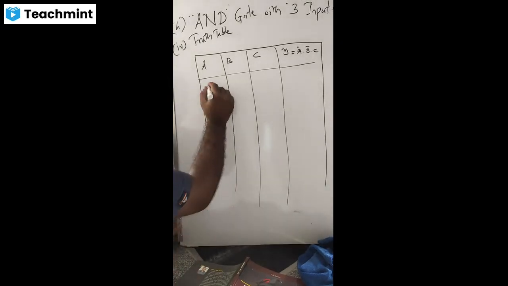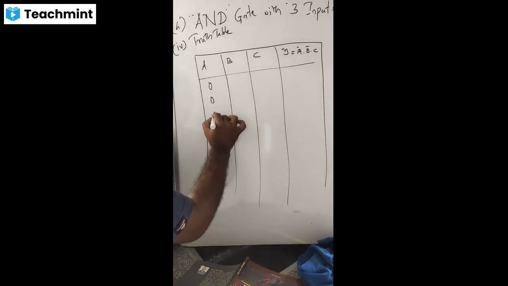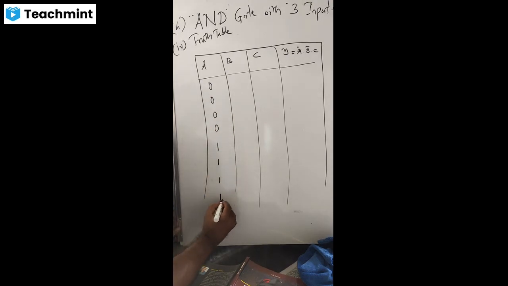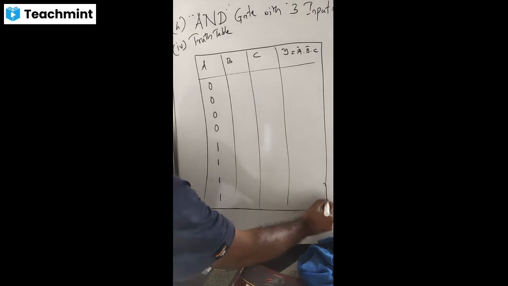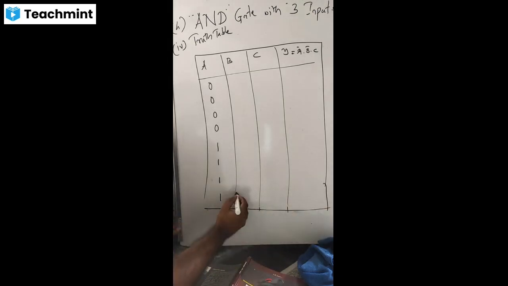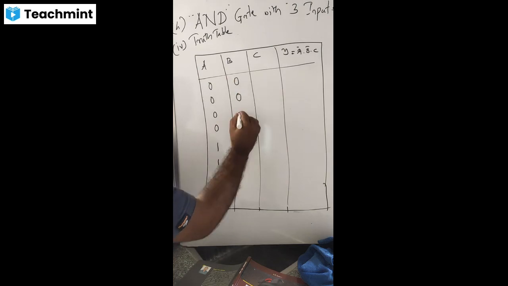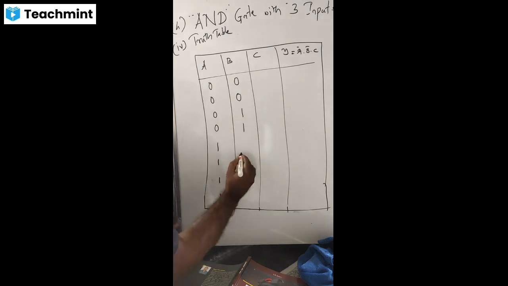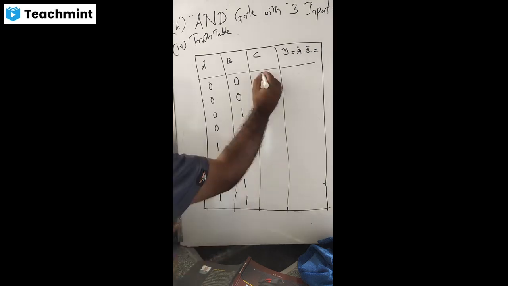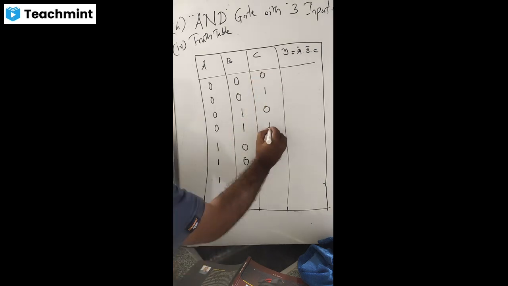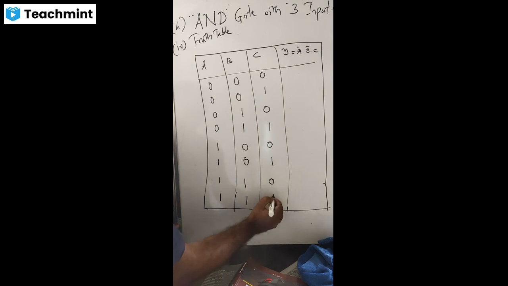So first 4 zeros, then 1, 1, 1, 1. Similarly, first two zeros, then 2 times 1, then again two zeros, 2 times 1, then 0, 1, 0, 1, 0, 1, 0, 1.